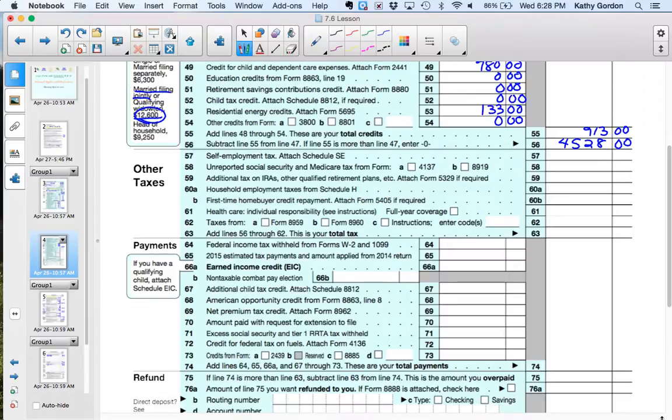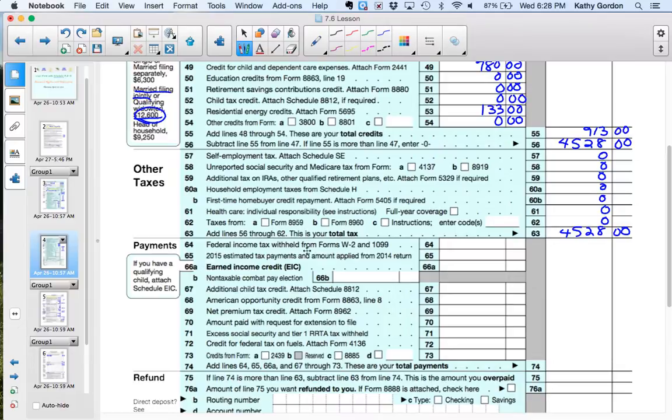Now in the next section we have other taxes, and as you look through that list, we have no information about any of those, so we're just going to make zeros for all of those. So we're still at $4,528. And then we're finally to our payments.